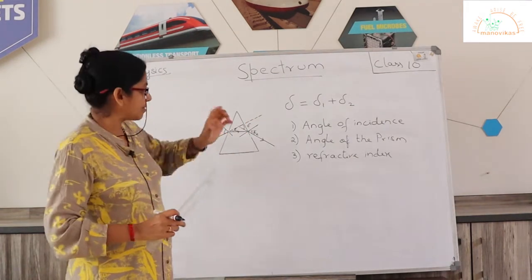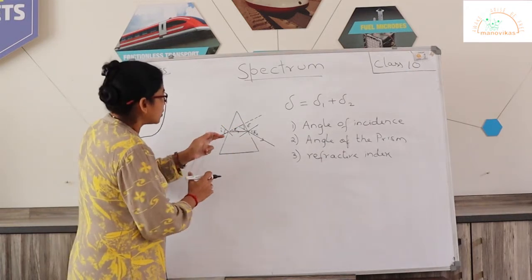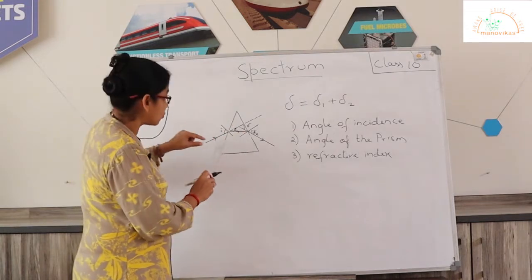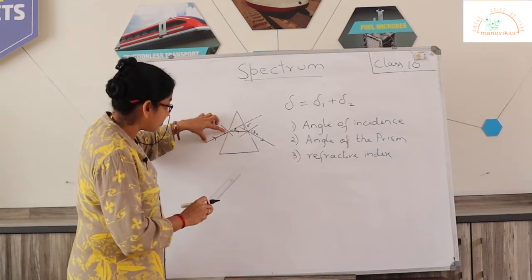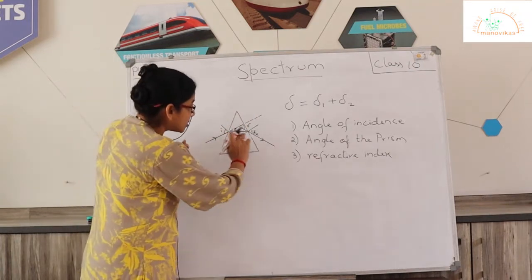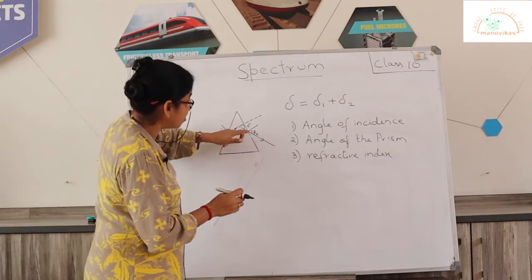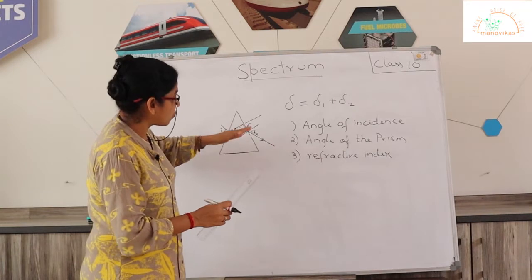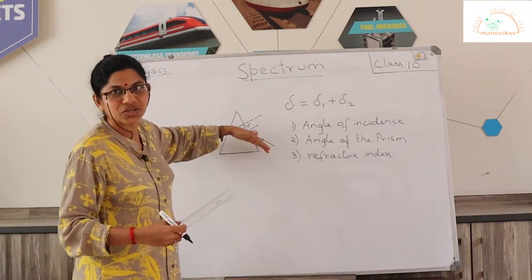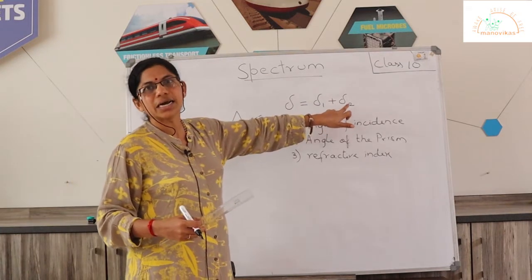Dispersion is nothing but the splitting of white light. The white light gets dispersed into its constituent colors, and when they emerge out there won't be any dispersion, but there will be further deviation. So total deviation is delta 1 plus delta 2.